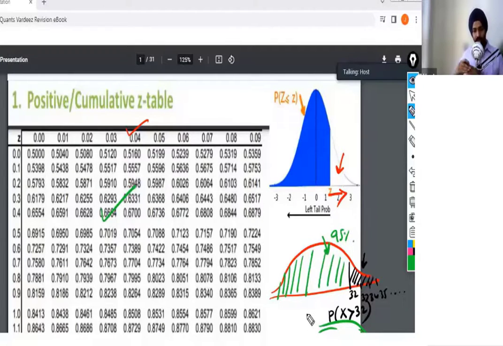But I wanted to find the greater, so of course it has to be 5%. This entire distribution is 100%, and if you find this region to be 95%, the other has to be 5%. So that's the reason why we take 1 minus 0.95.